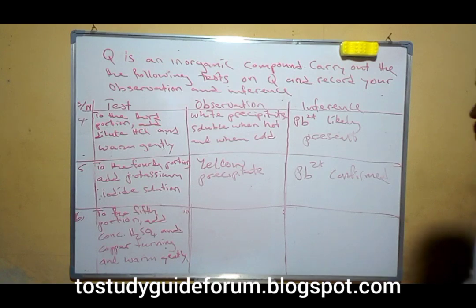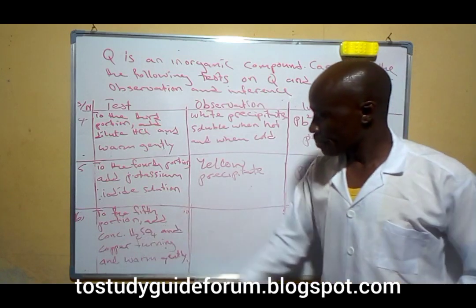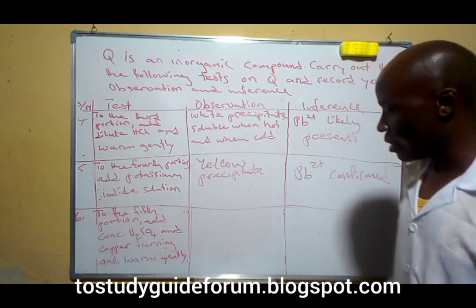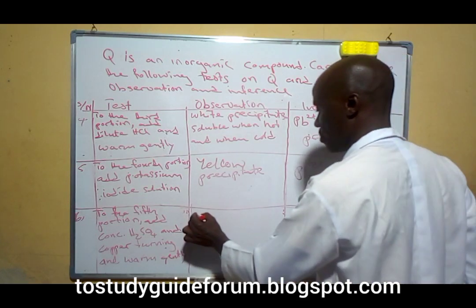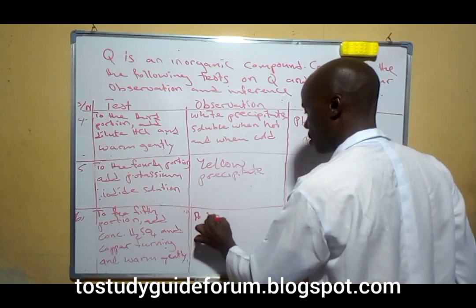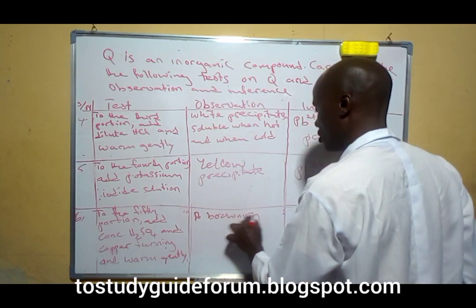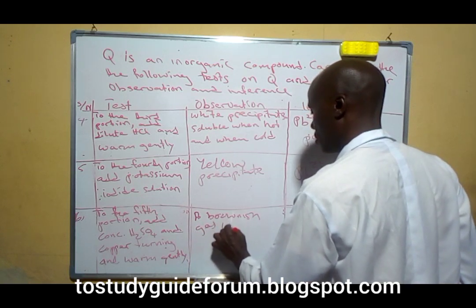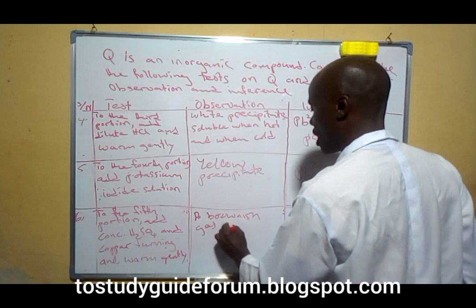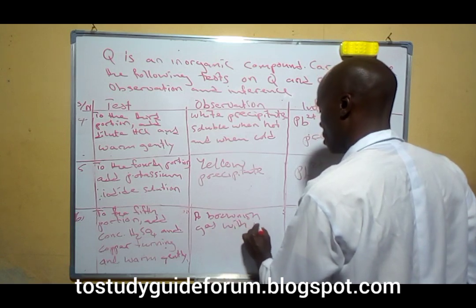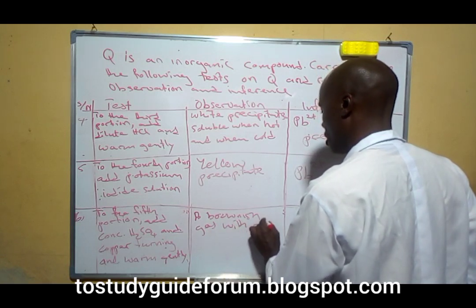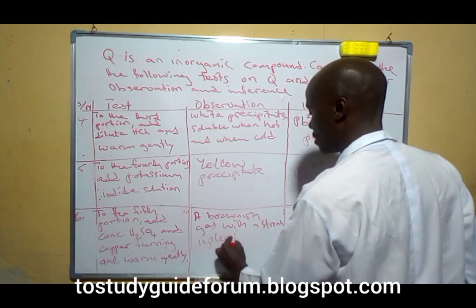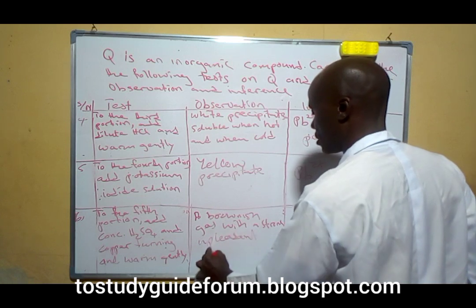And for the last one, we add concentrated tetraoxosulfate(VI) acid and copper turnings, and warm gently. We will notice a brownish gas liberated, a brownish gas with a strong unpleasant smell.